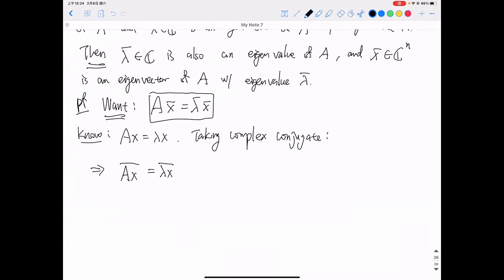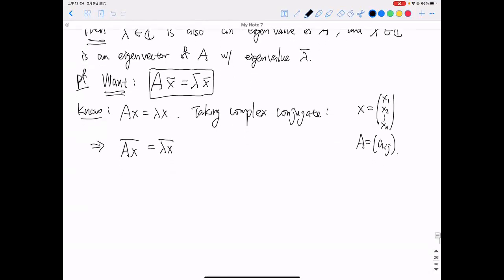Now, let's say x is equal to this column vector as usual, and let's say A has entries a_ij as usual. Then we're going to understand this equation a little more.